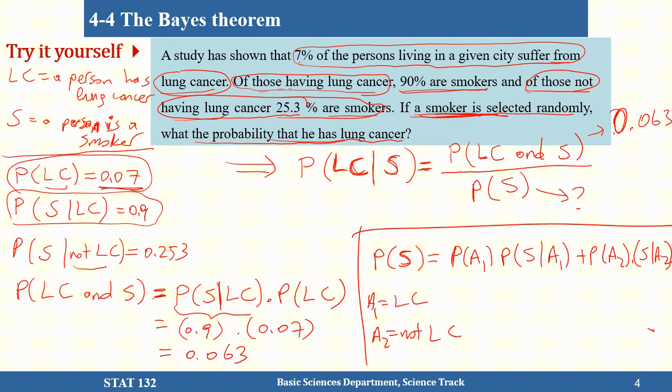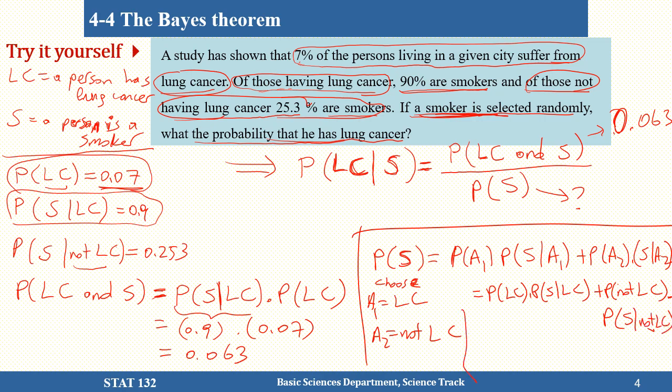Obviously they're mutually exclusive, and the sum of their probabilities is equal to 1. So we choose A1 and A2 this way, and we can write this as P(LC) times the probability of S given LC, plus the probability of not LC times the probability of S given not LC.